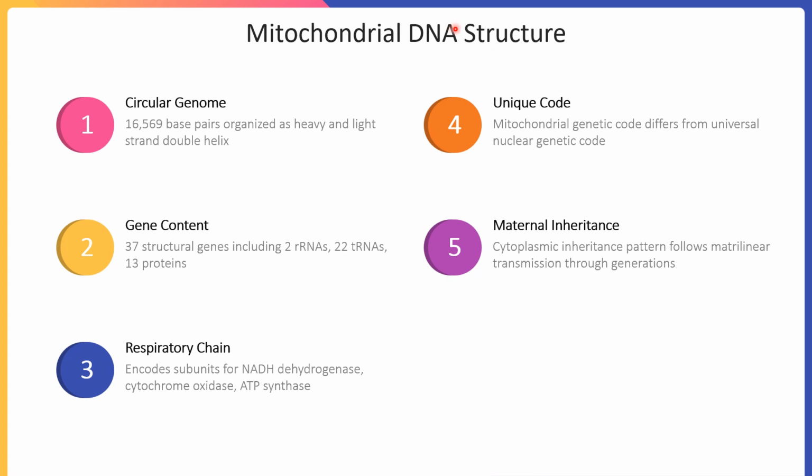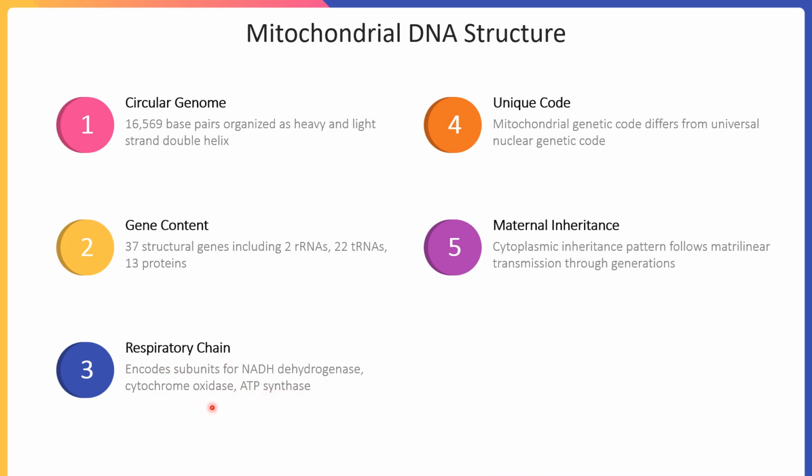There is a term called mitochondrial DNA. Usually DNA is found in the nucleus, but the mitochondria also has its own DNA. It has a gene content of 37 structural genes, including 2 rRNA, 22 tRNA and 13 proteins. These encode the subunits for the electron transport chain, like NADH dehydrogenase, cytochrome oxidase and ATP synthase.